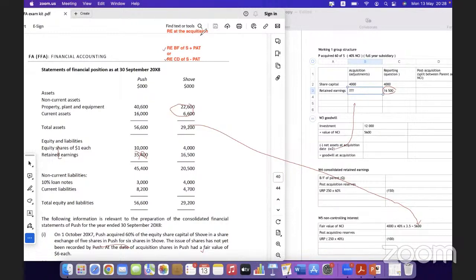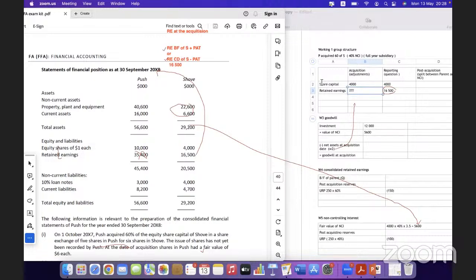We should decide, guys, is this 16,500 the retained earning starting balance or the retained earning ending balance? Now see, this 16,500 is given for 30th of September 2008, meaning it is retained earning carried down. So now I should go for the second option, retained earning carried down. Go for the second option.